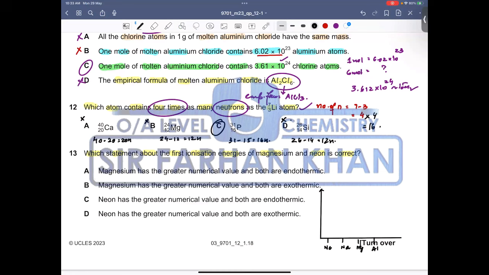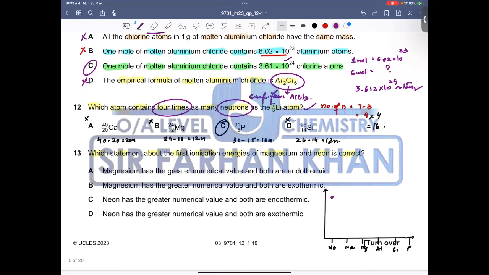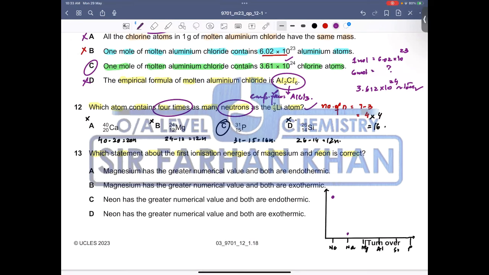This is aluminum. This is silicon. And then phosphorus. All right. So guys, this is your neon. Neon is a noble gas, and all noble gases have the highest ionization energies. If you remember, this is sodium. This is magnesium. This is aluminum. This is silicon. This is phosphorus. And that was the sketch I have given you in the class during my lecture.